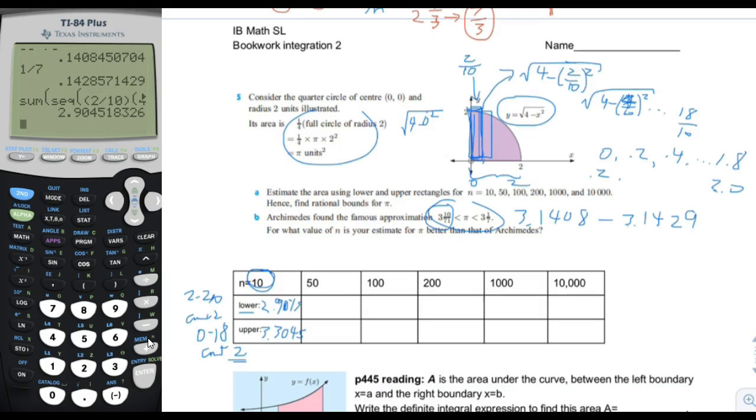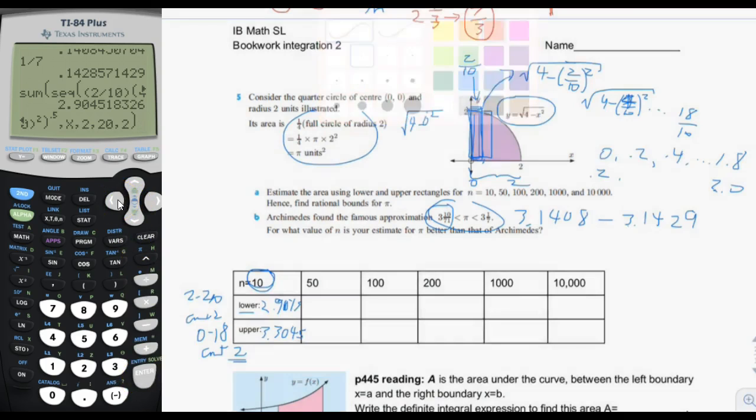Okay. Alright, now we're going to change to 50. So we're going to do n equals 50 now, and so the counters are going to go, this time, from 0 to 50.